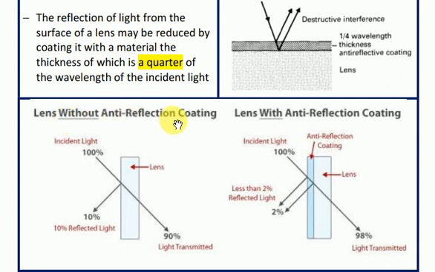Of the incident light, 98% is transmitted and less than 2% is reflected. When there is no coating, 90% is transmitted and 10% is reflected.